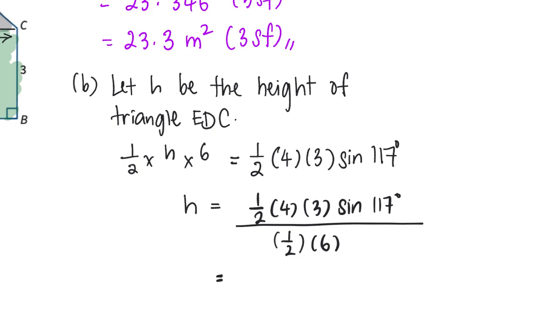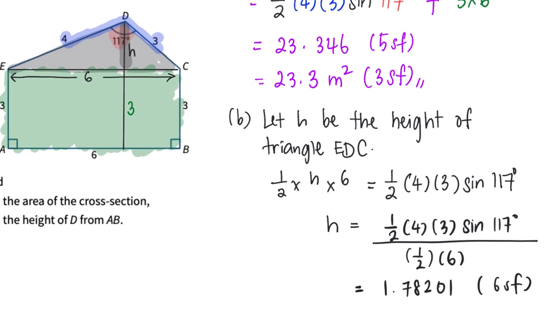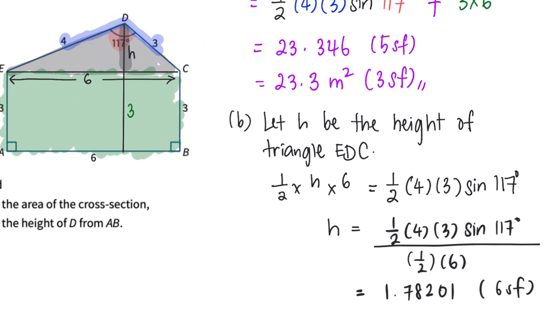And this will give me a value of 1.78201 to 6 significant figures. And therefore, when I go back to this question, the height of D from AB, I would need to add this additional 3.